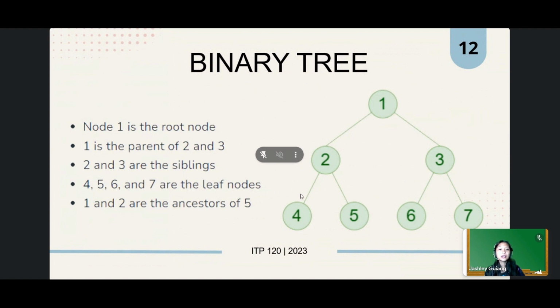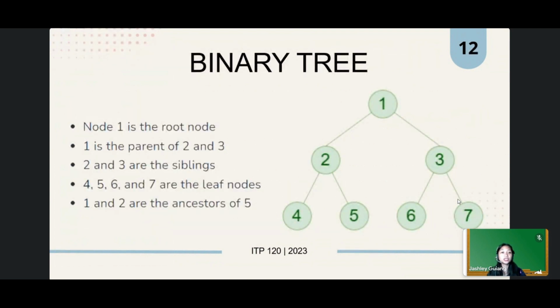And 4, 5, 6, and 7 are the external nodes. If we look here, 1 and 2 are the ancestors of node 5.